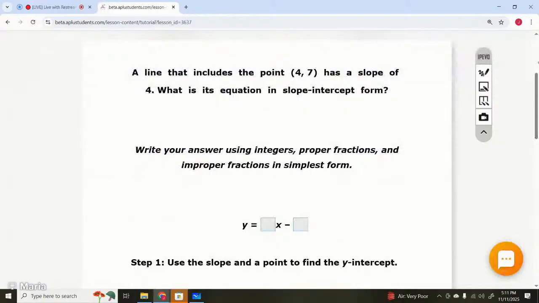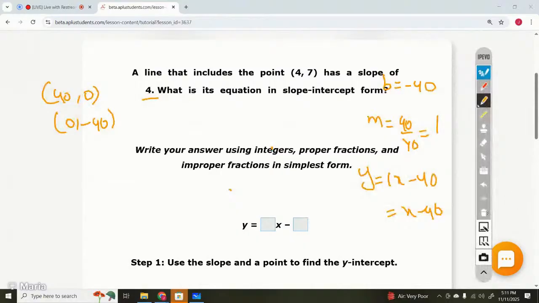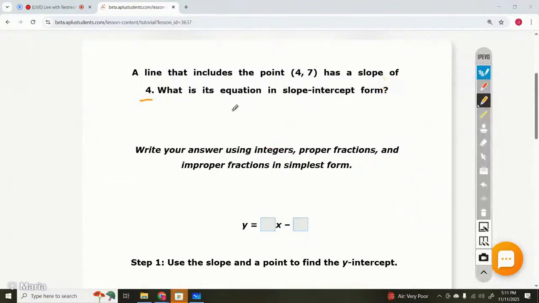What is its equation in slope intercept form? We are given the slope in the question, right? But we are not given the b, that is the y-intercept. So use the slope and this point and calculate b.